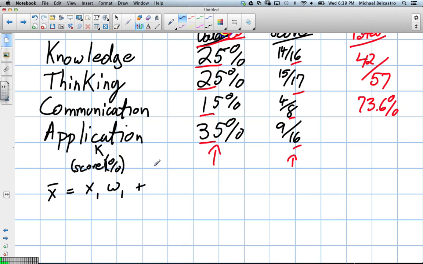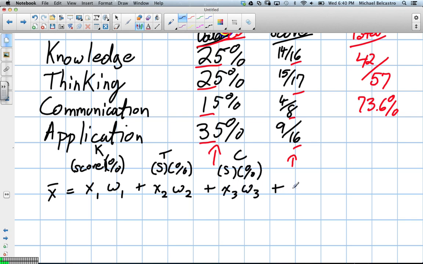Then we're going to add our score times our percentage for thinking, which will be X2, W2. Then we add score times percentage for communication, which is our X3, W3, plus X4, W4, which is our score and our percentage for application.